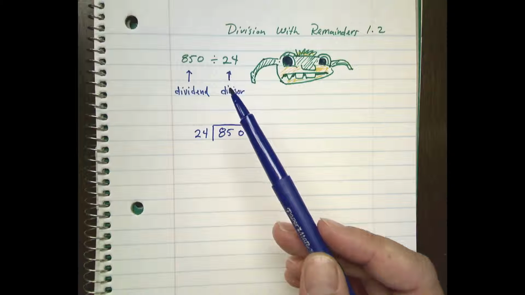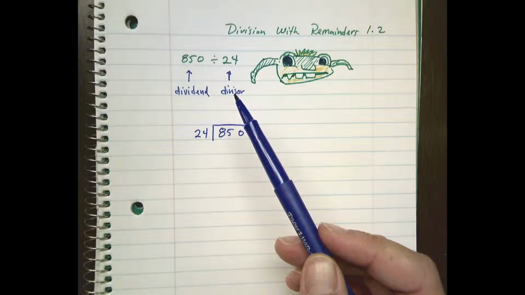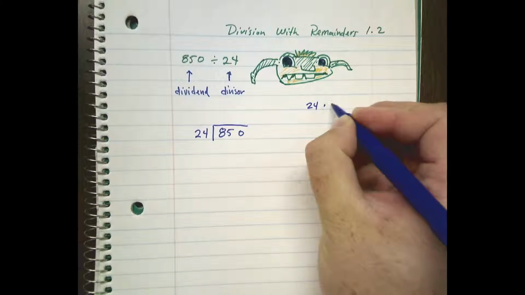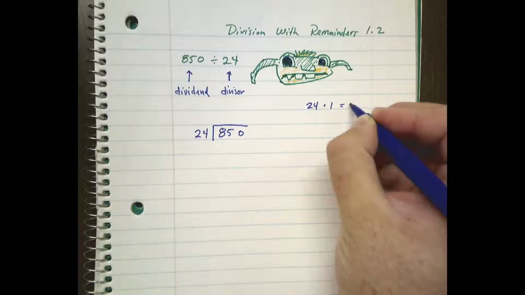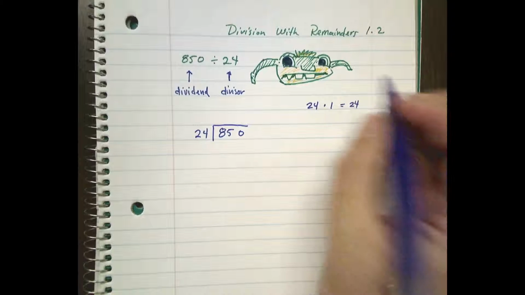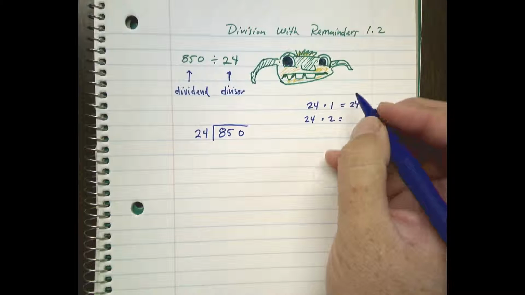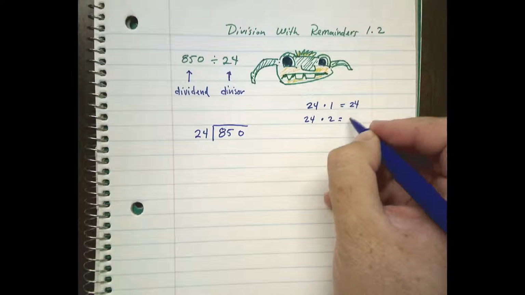Now I can do that, so let's see what I can do. I know that 24 times 1 equals 24. And I also know that 24 times 2 is going to be 48.